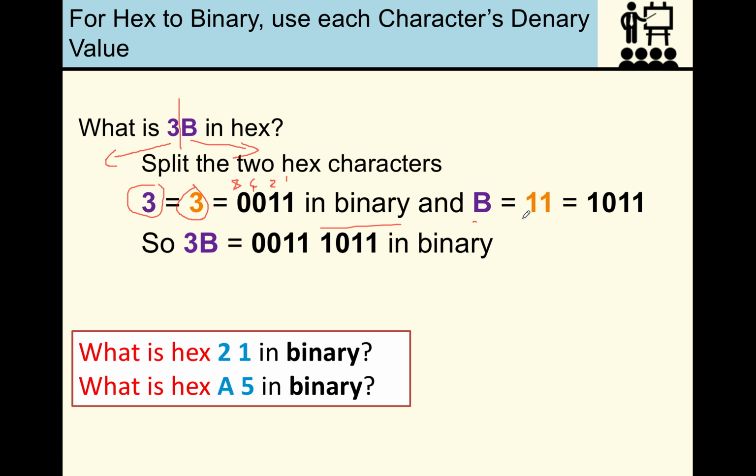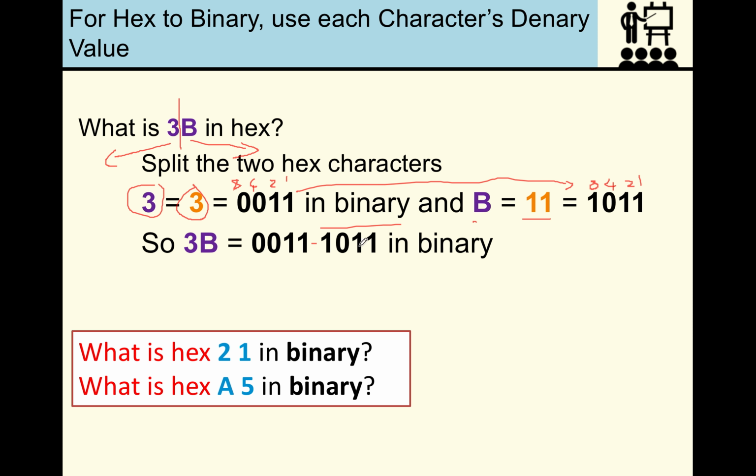And B is 11, which would work out to 1011, because we've got 8 plus 2 plus 1. And now that I've converted my two nibbles, I join them back together, and I get 3B equals 0011 1011.